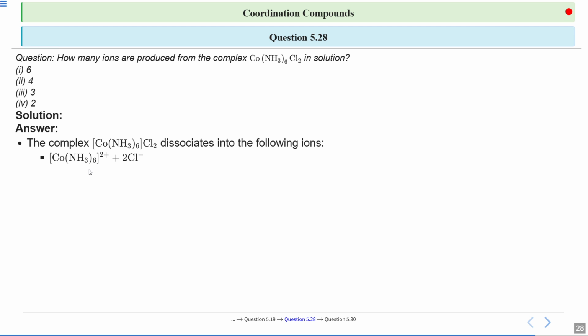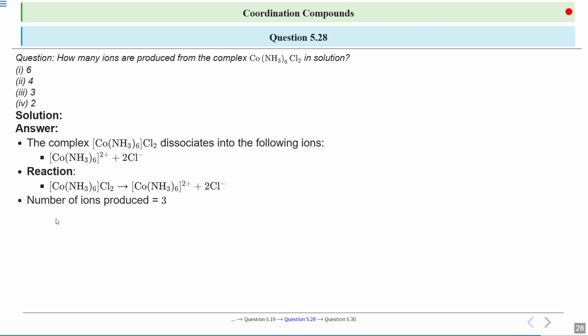The reaction it will follow: [Co(NH3)6]Cl2 will dissociate into [Co(NH3)6]2+ plus 2 Cl-. The ions producing here are 2 chloride ions and one cationic ion, that is [Co(NH3)6]2+.